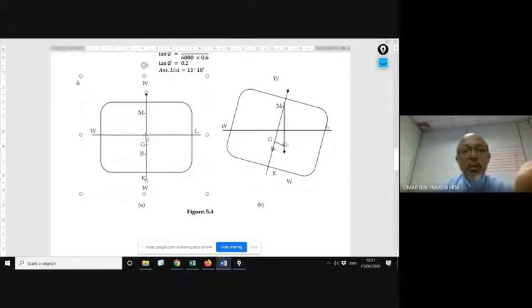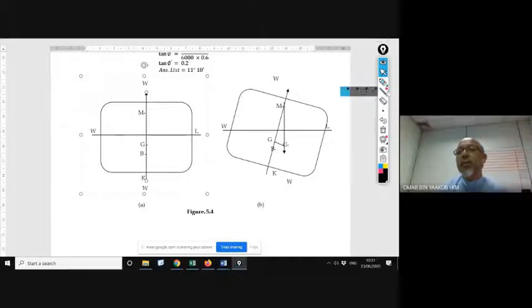The effect, number one, is a change of center of gravity. The center of gravity will go up or down depending on where you load. If you load up here, then G will move up.